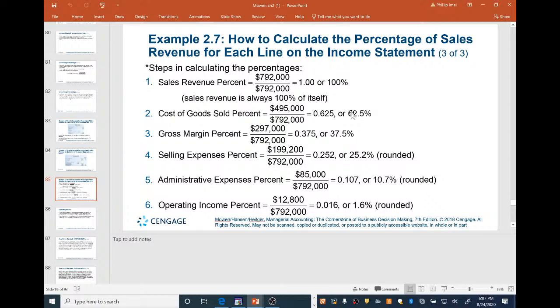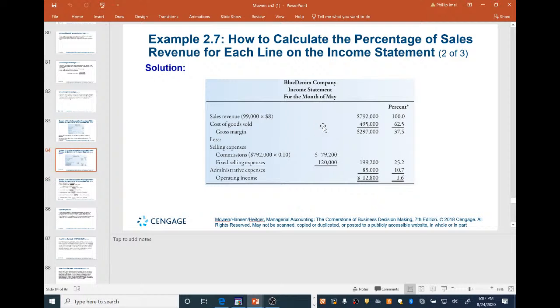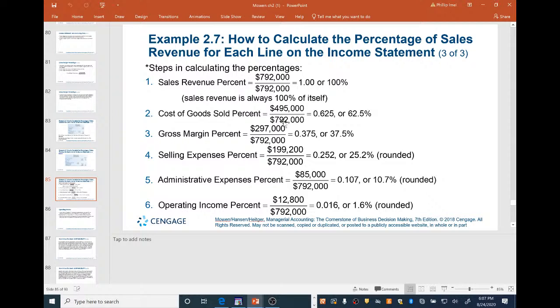Cost of goods sold percentage: the 495 over the sales revenue is 62.5%. So we've consumed 62.5% of our sales revenue in cost of goods sold right there.